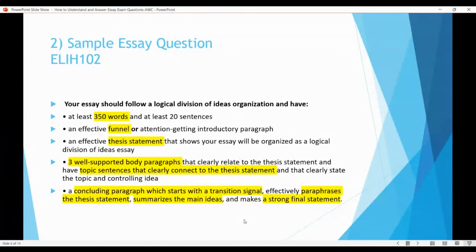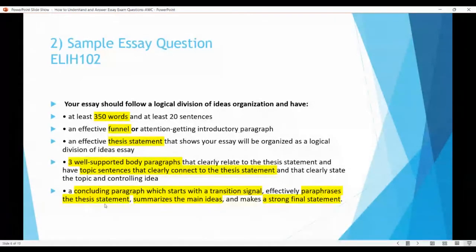So this conclusion signal actually signals that the writer is trying to wind up, to end his essay. So it's very important. If you fail to write this, I mean, you lose marks. It won't be considered a good and effective piece of conclusion.